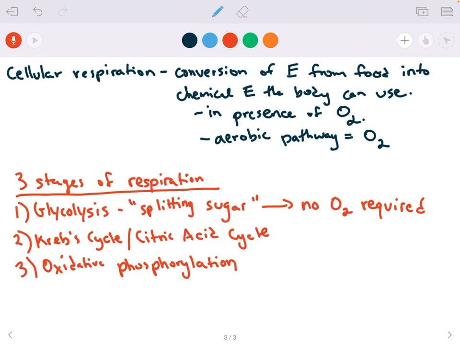It requires oxygen. Phosphorylation, all that means is you add a phosphate group onto something. In this case, we'll add a phosphate group onto ADP to make it ATP. So that complicated two words there, that's all oxidative phosphorylation is. But that'll be next time. So today it'll be glycolysis and then the citric acid cycle.